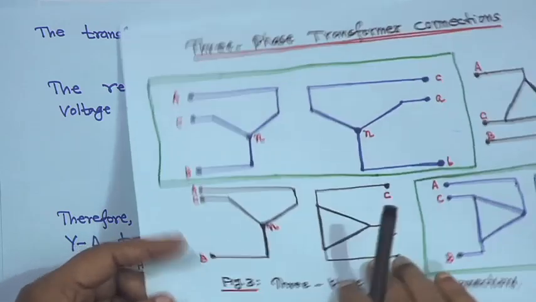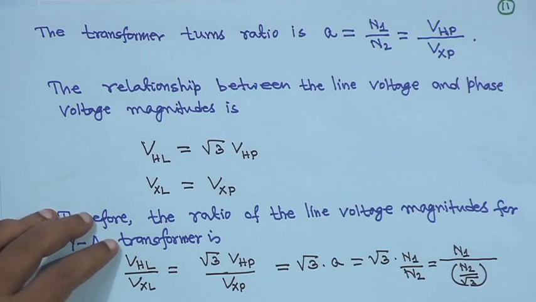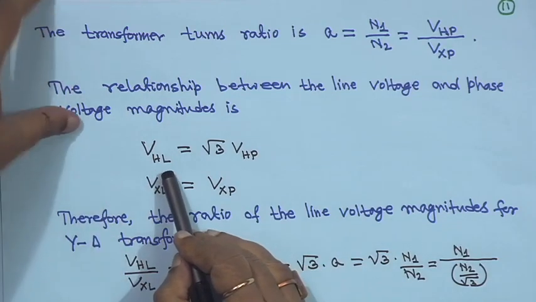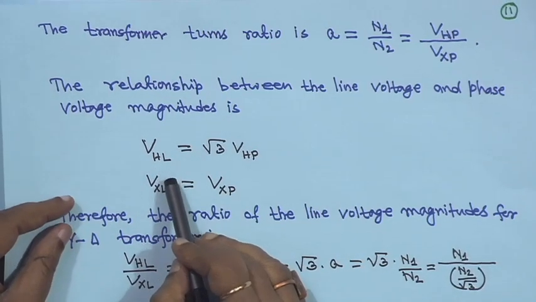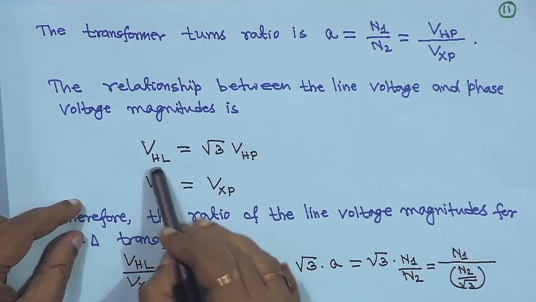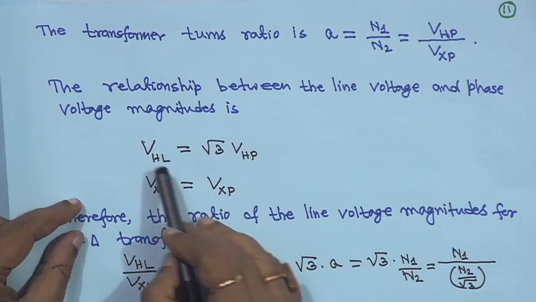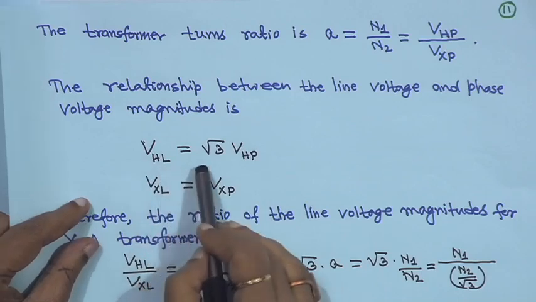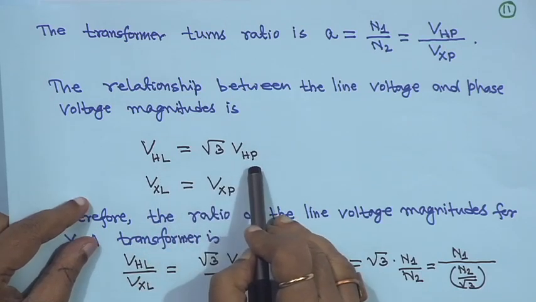So in general we say the high voltage side line voltage, that is VAB, VBC or VCA on the star side. H stands for high, L stands for line. So the high voltage side line voltage is equal to √3 times the high voltage side phase voltage.